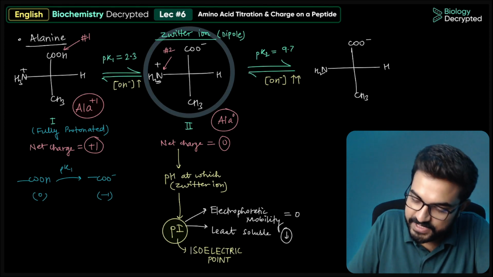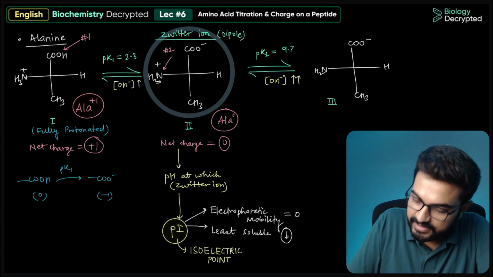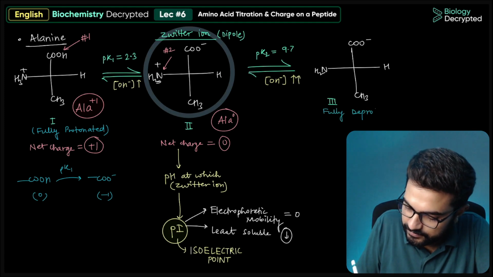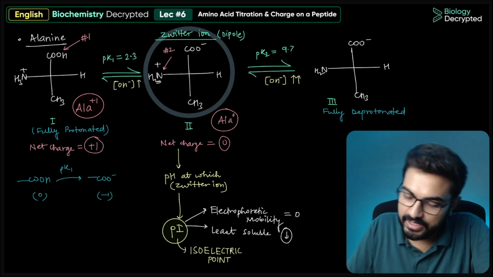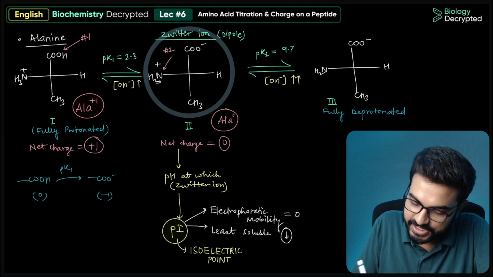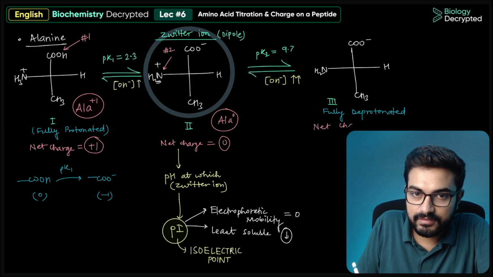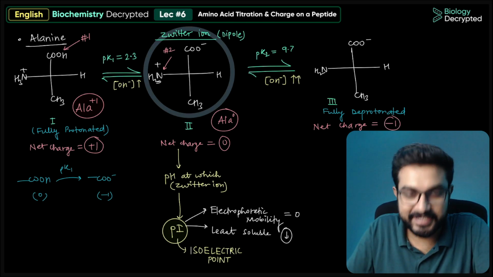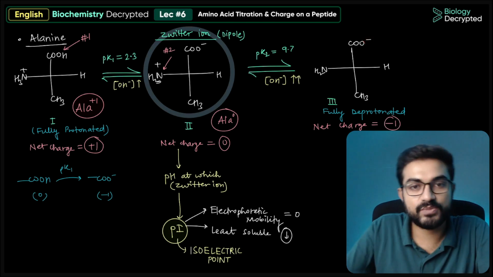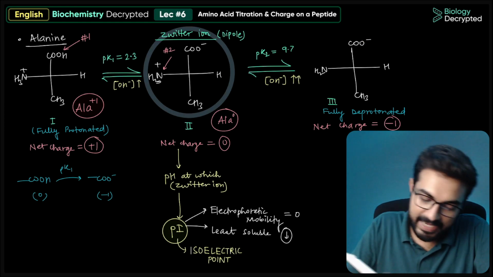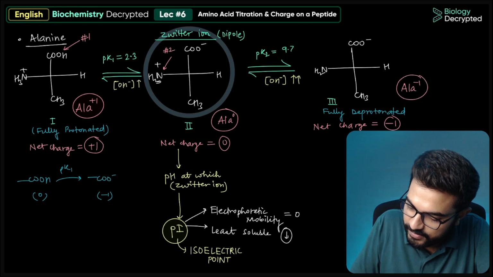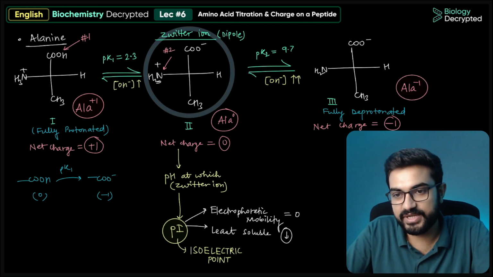This particular species, species number 3, is fully deprotonated, and the net charge here is -1. You can calculate it very easily. As a result the species we have here is alanine -1.